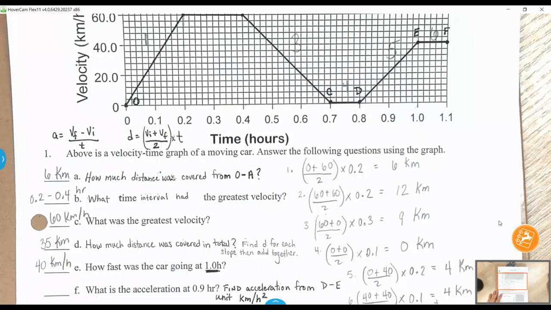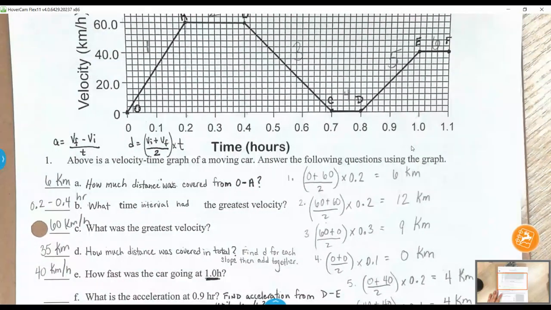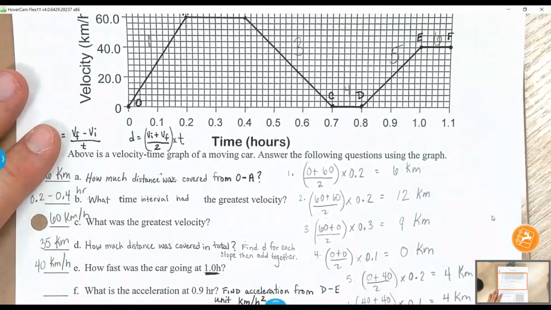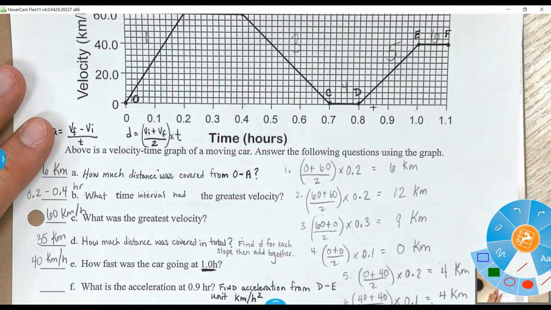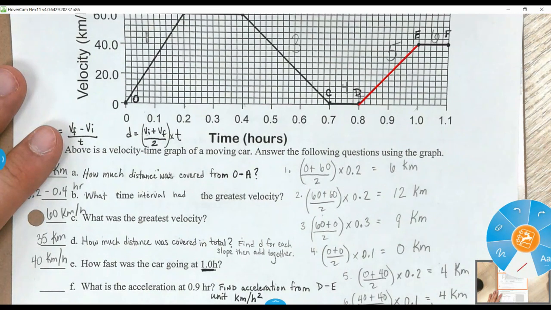Okay, what is the acceleration from D to E? So for line segment 5, it is going to be final velocity minus the initial velocity divided by our time interval. So what is our final velocity during this line segment?